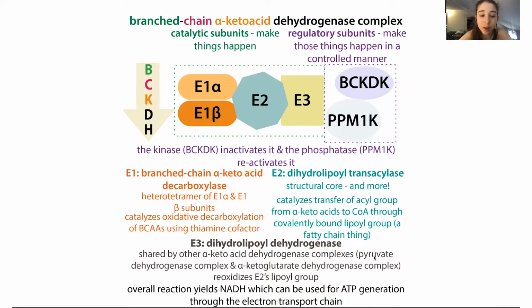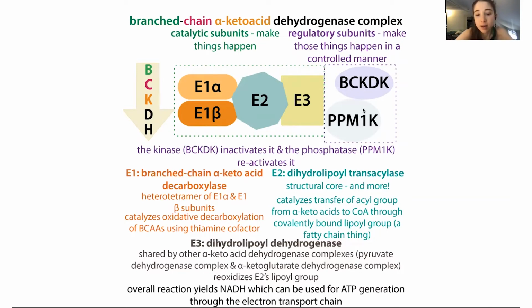It's also used by the pyruvate dehydrogenase complex and the alpha ketoglutarate dehydrogenase complex, because those also need dehydrogenations happening. Since E3 is shared between all of them, a mutation in E3 could affect more than just branched chain amino acid metabolism.